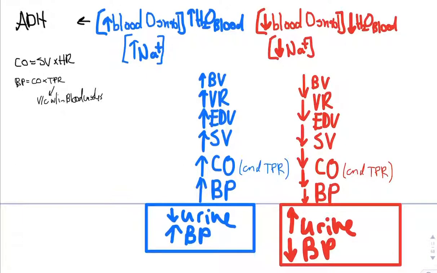So in general, if we increase our blood osmolarity, or the sodium in the blood, that's going to cause an increase in water retention going back into the blood via osmosis. When you increase the water volume in the blood, that's going to increase the total blood volume, because there's more water in the blood.